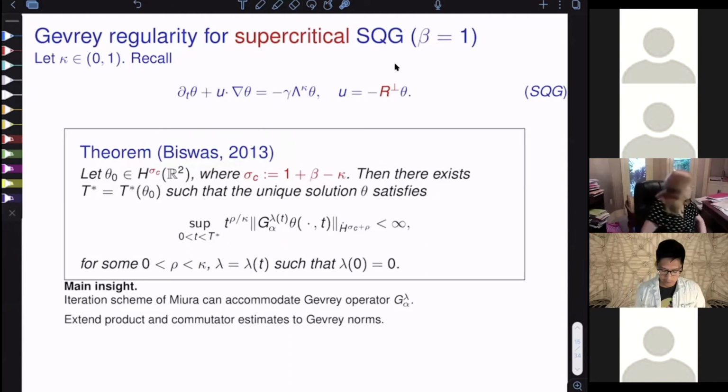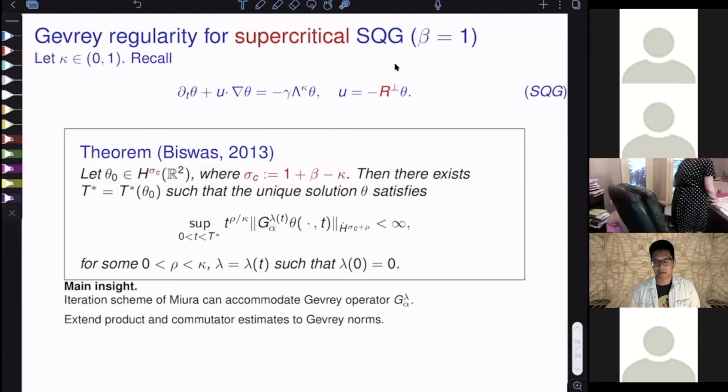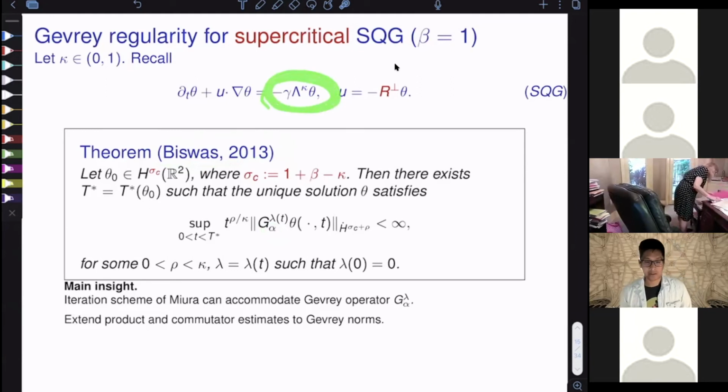So I just want to point out that for the Navier-Stokes, we were taking alpha equals 1 for the Gevrey norm, but here we allow alpha to be less than 1 because we don't expect to have regularity beyond what the linear equation would have given you.